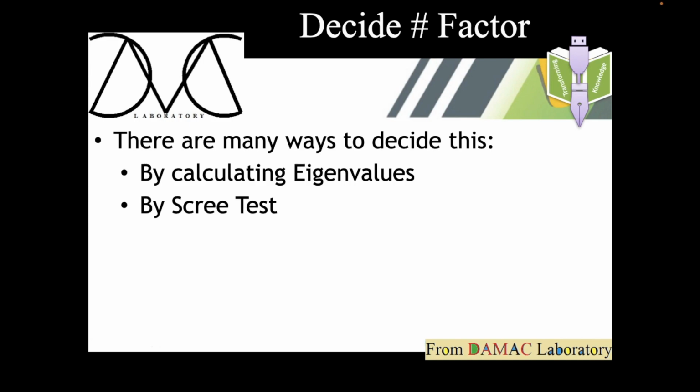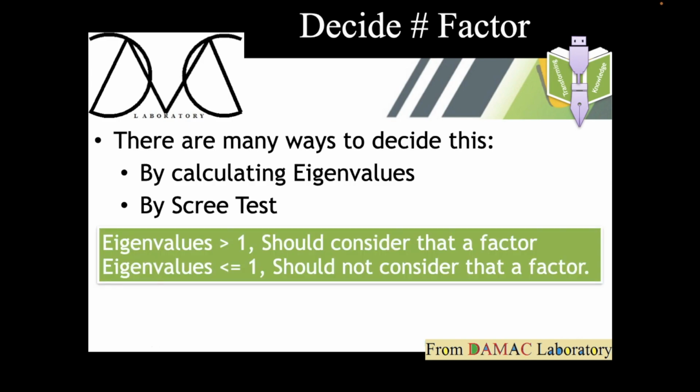In the case of eigenvalue, you try to find the eigenvalue of each factor. If the eigenvalue for a factor is greater than 1, you consider it as a factor. If the eigenvalue is less than or equal to 1, you do not consider it as a factor.